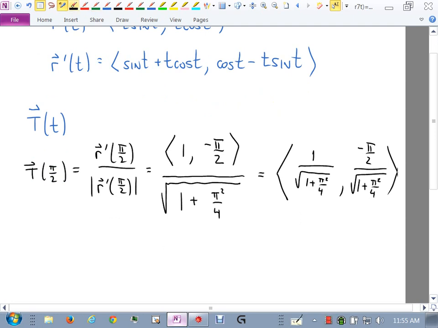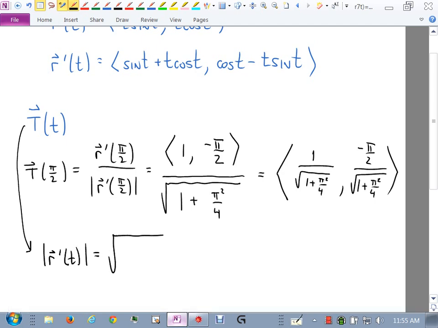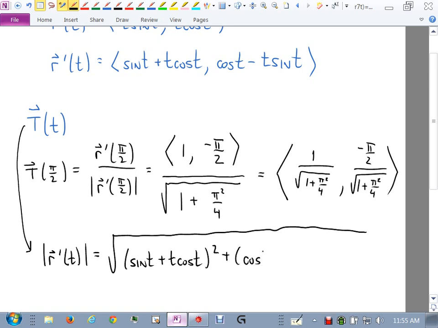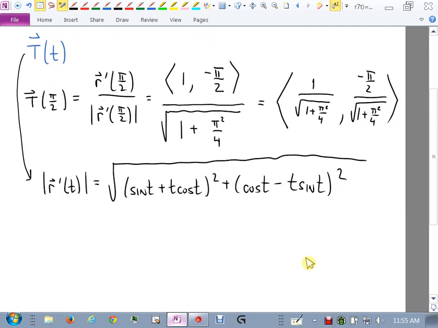So let me try it, because perhaps you're going to see more of this later, so we have to make sure we're comfortable with it. The square root of sine t plus t cosine t, squared, plus cosine t minus t sine t, squared. Do you agree that that's the magnitude?